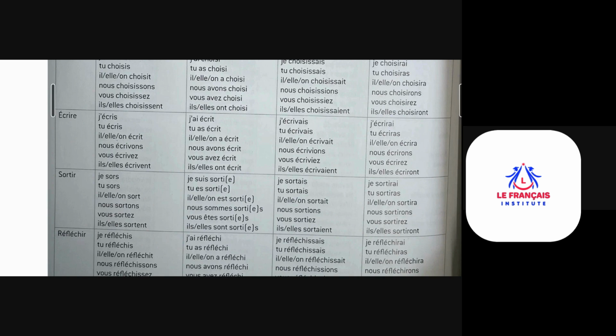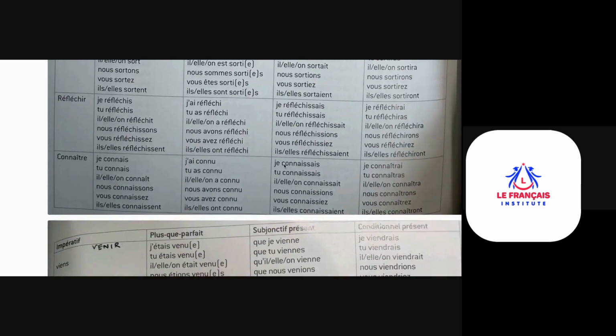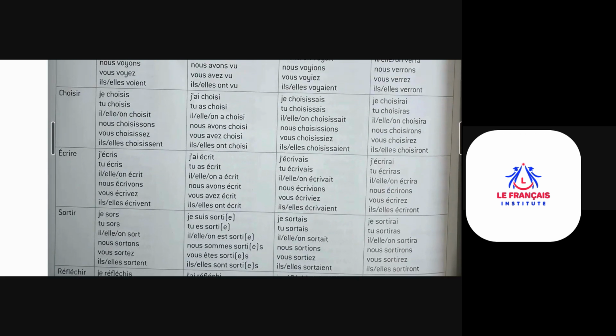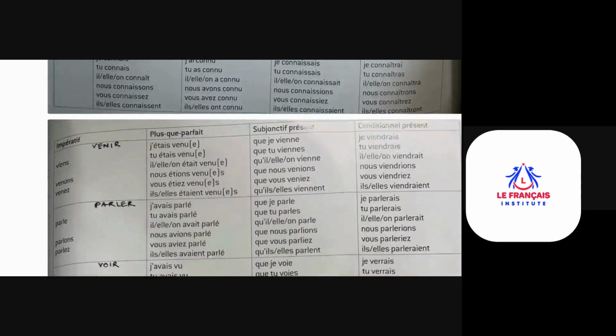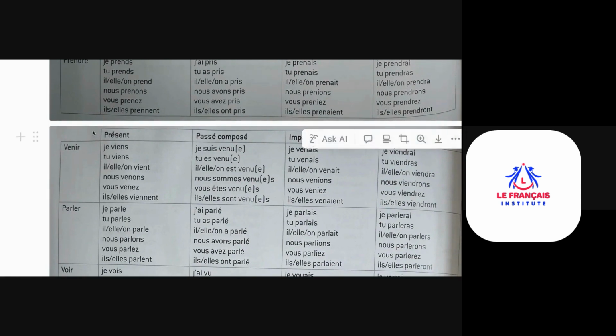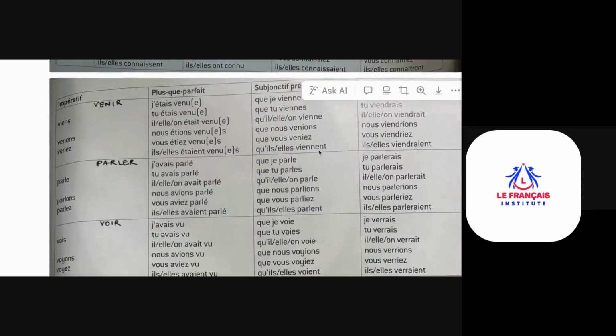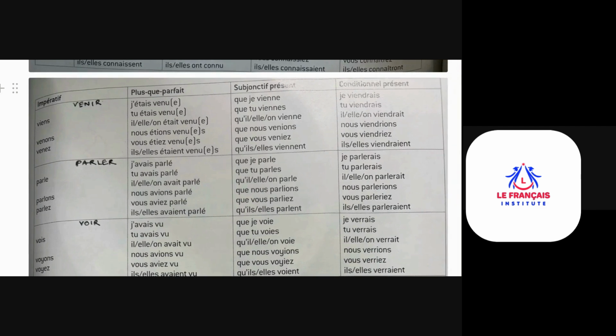Once you've heard an audio, scroll down to the transcriptions and read them, and you'll find more verbs, more conjugations, more tenses. Here you have a composite list of these verbs, and from the present tense you have passé composé, imparfait, futur simple, impératif, plus-que-parfait, subjonctif présent, and conditionnel présent. I'll share this with you.